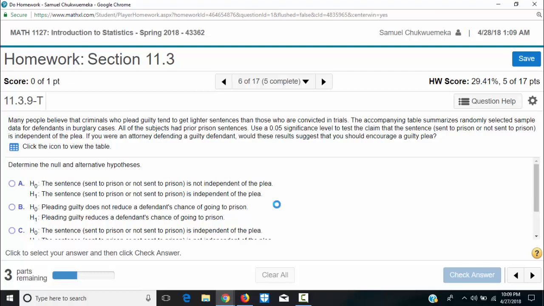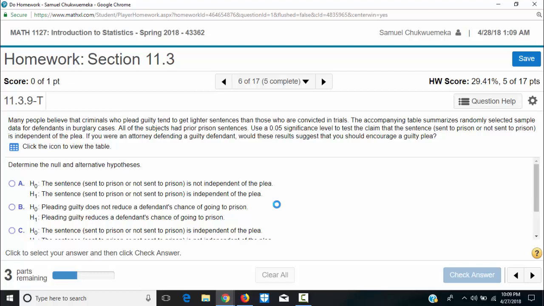Question 6. Many people believe that criminals who plead guilty tend to get lighter sentences than those who are convicted in trials. The accompanying table summarizes randomly selected sample data for defendants in burglary cases.